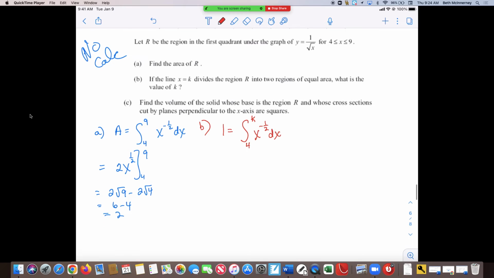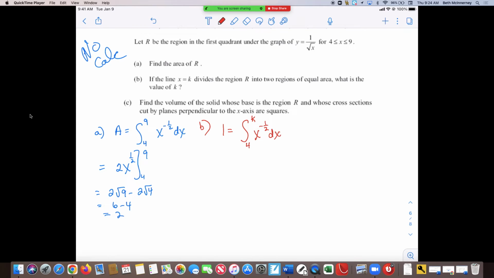Let me give you a little head start and see if you can do this. Again, don't touch a calculator, but the answer will be a fraction, and I left it as a fraction. That's okay. I do want you to stop and think about what I've done.